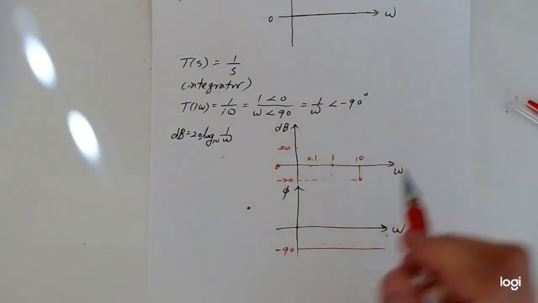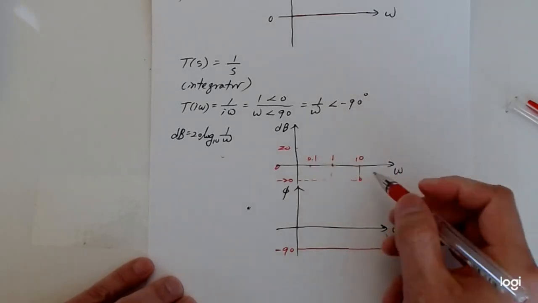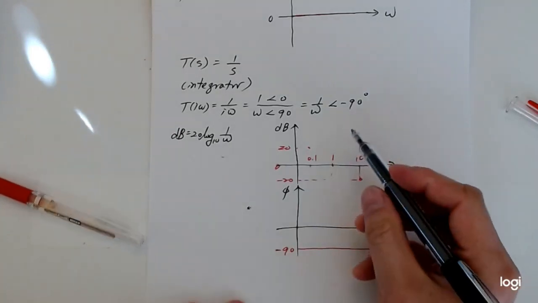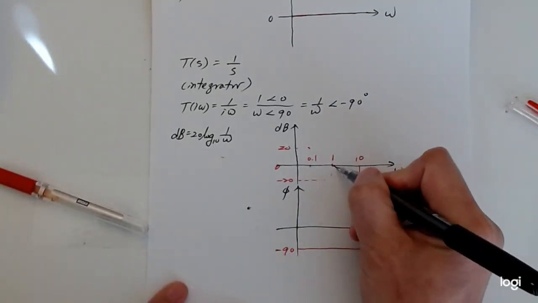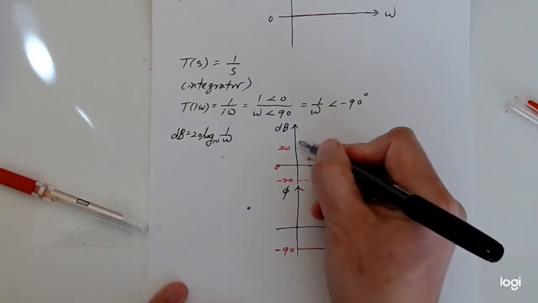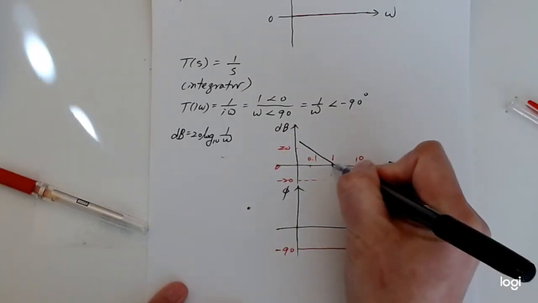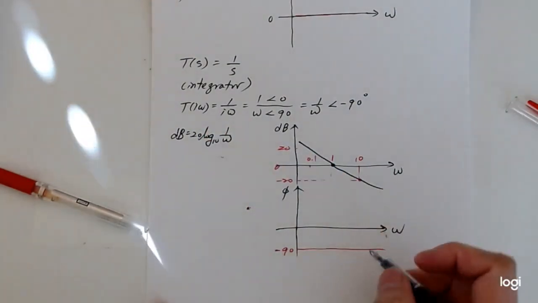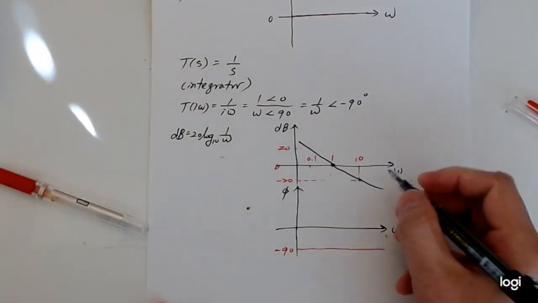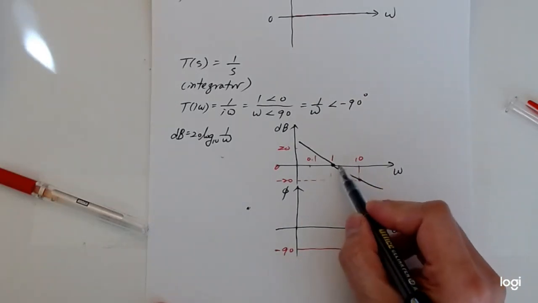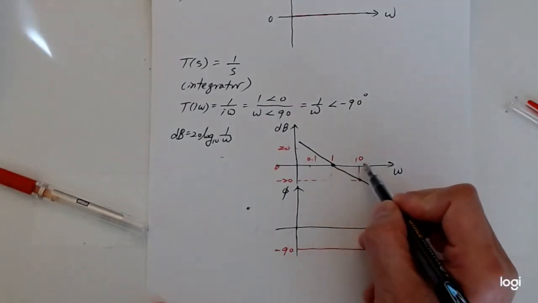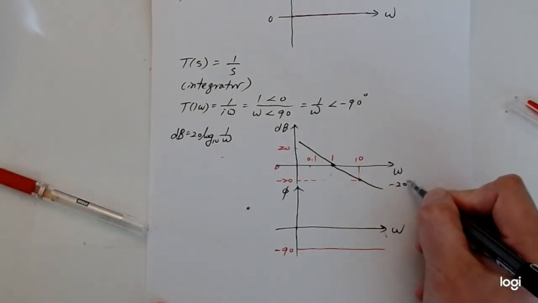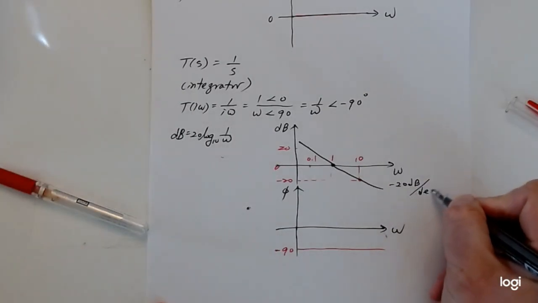In other words, you should have a line passing through omega equal to 1 with a negative slope. And for the slope, every 10 times in frequency, from 1 to 10, the drop is 20 dB, so it's minus 20 dB per decade.